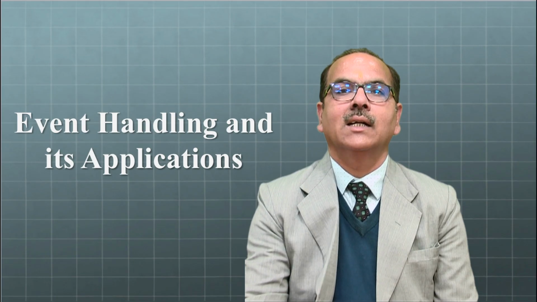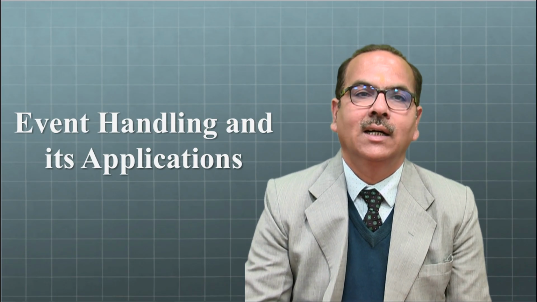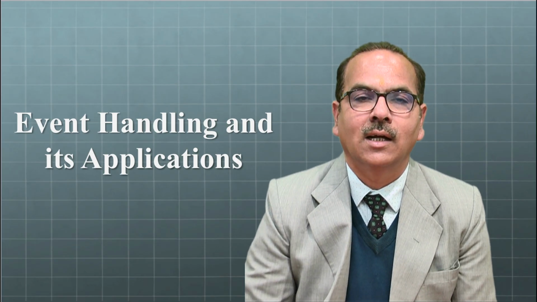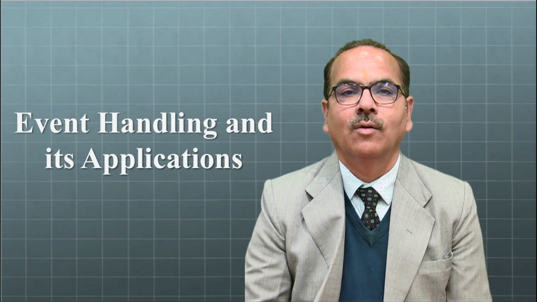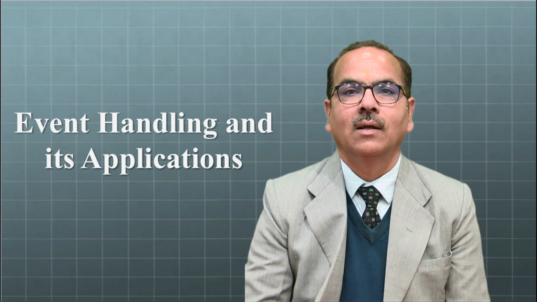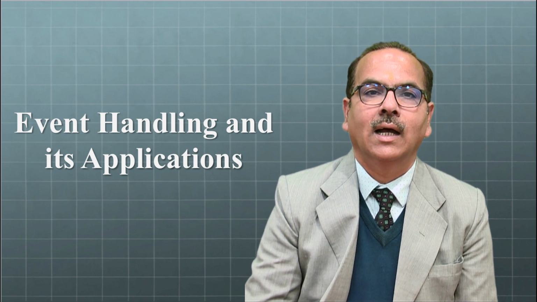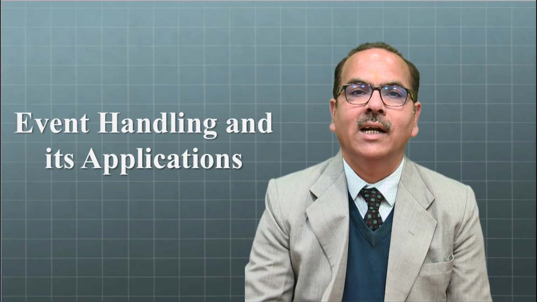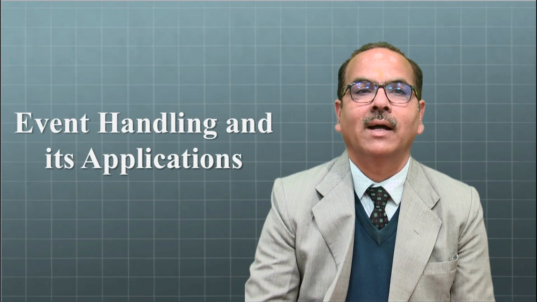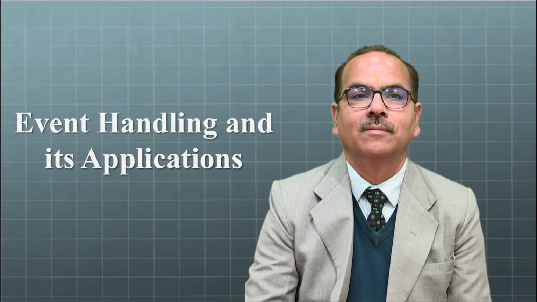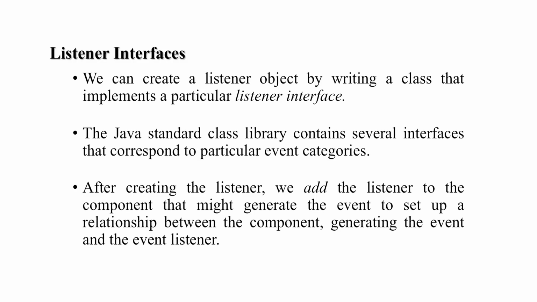The event listener must be registered with the events, so that it receives notification of the occurrence of events. As soon as an event occurs, the matching method in the listener object is automatically invoked. Create the listener object by writing a class that implements a particular listener interface.